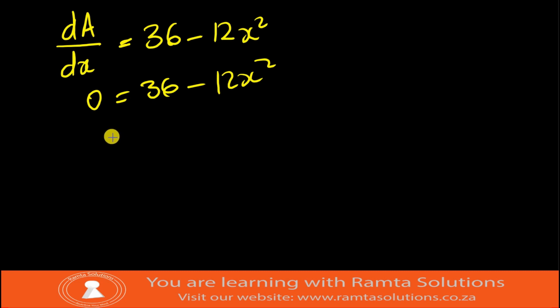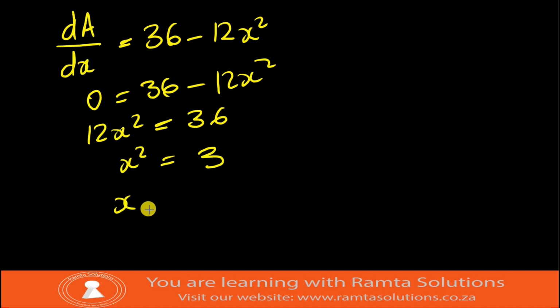So we have 12x squared equals 36, so x squared equals 3. So x equals plus or minus root 3.